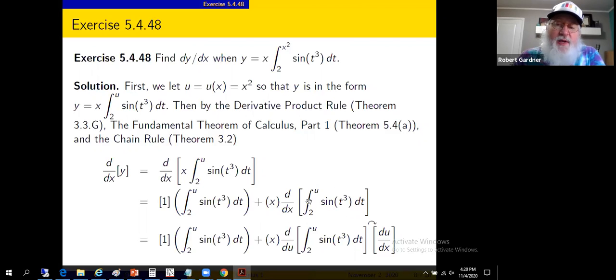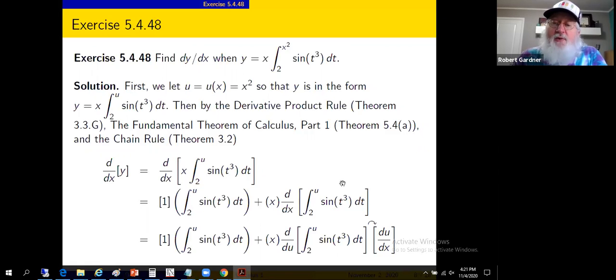Now we got a problem. We don't have the same thing that we're differentiating with respect to, x, as you have up here. That's a u. We made a substitution. That means you got a composition of functions, and this requires the chain rule. Differentiating with respect to x in a composition where we have one function u inside another function is equivalent to differentiating with respect to u and then multiplying by the derivative of u with respect to x.